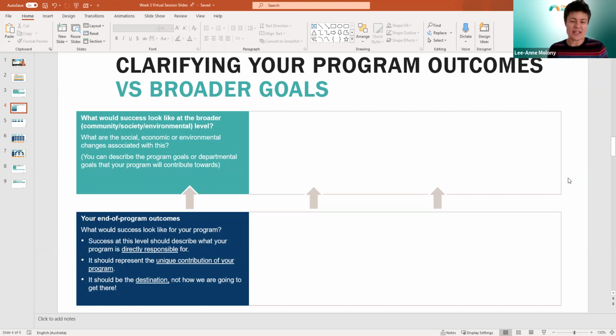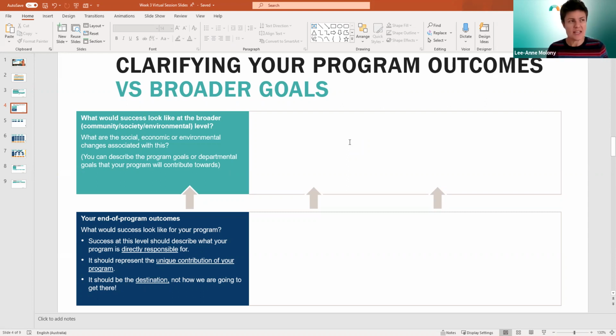So the way we describe it, we say broader goals and end of program outcomes. Success at the broader level is usually these bigger picture things, social, economic, or environmental change associated with your program. But at the actual program level, this is about what your program can actually achieve in and of itself.